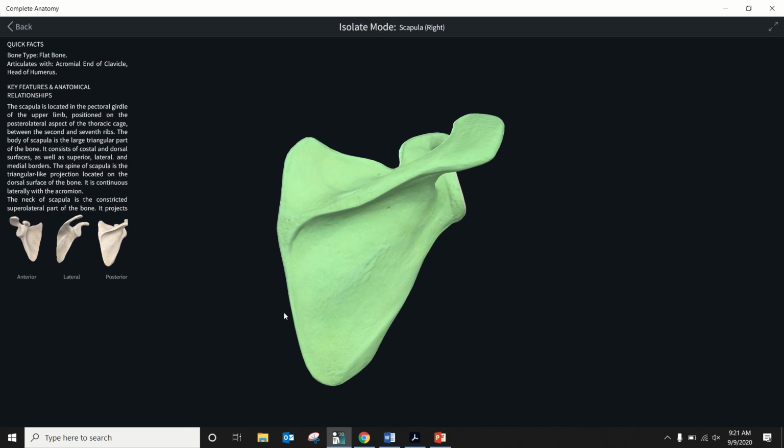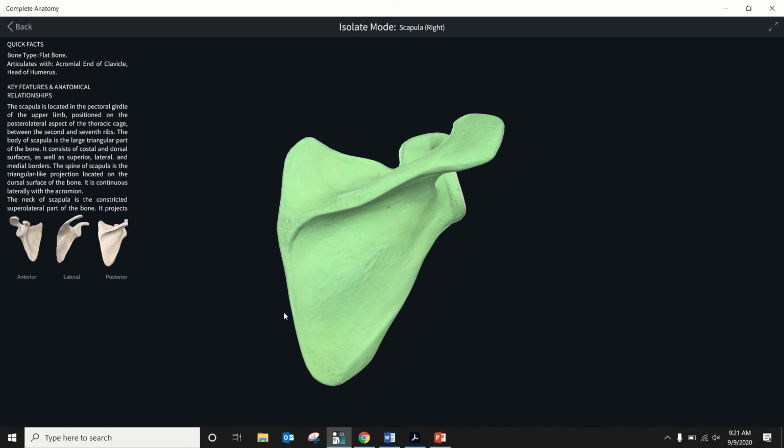Rhomboid major, and then rhomboid minor. So rhomboid major and rhomboid minor both insert there along the medial or vertebral border.